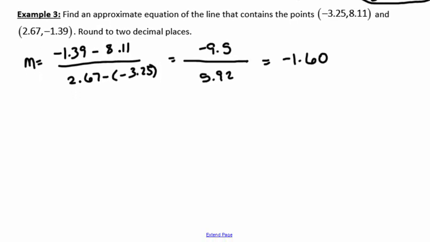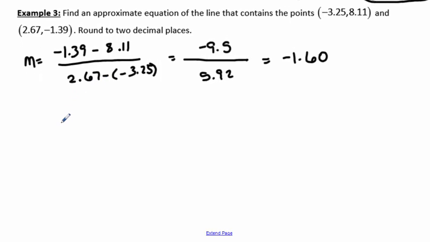Now that I have the slope, I want the intercept. Take either one of your ordered pairs. So I'm going to take the first one. Negative 8.11 is the y value. The slope, we're going to use negative 1.6 or negative 1.60 times the x value of negative 3.25 plus b.